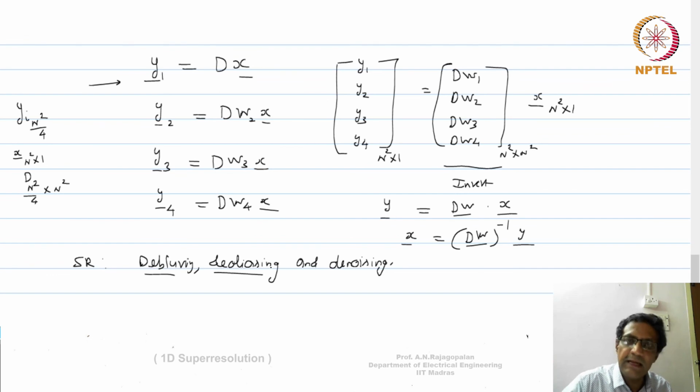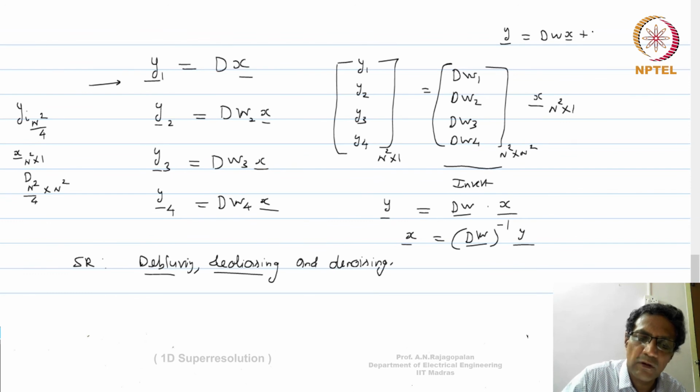You are trying to de-alias, because you are trying to go from an aliased image to an unaliased image. Because your xn is unaliased in this case, the 1D sequence, whereas y1, y2 are all aliased. So de-aliasing and denoising, because typically your model will be something like y is equal to DWx plus n, and therefore, you might also want to account for noise. So somebody asks you what is spatial super resolution in 3 words. It's simply de-blurring, de-aliasing, and denoising.